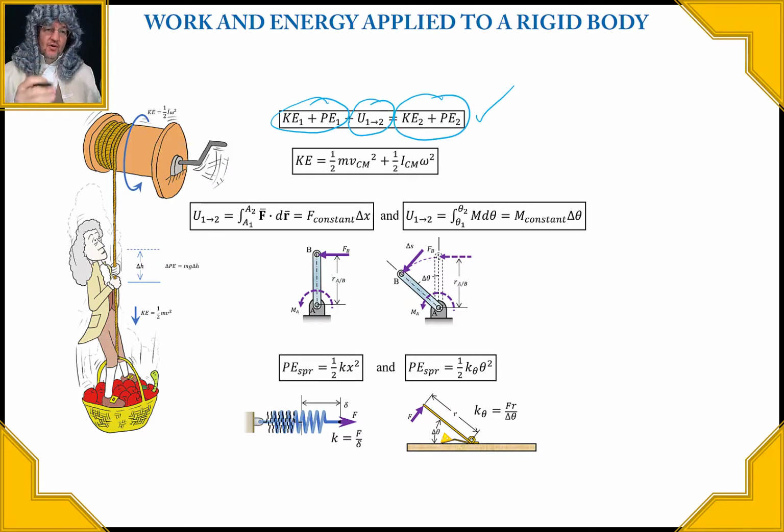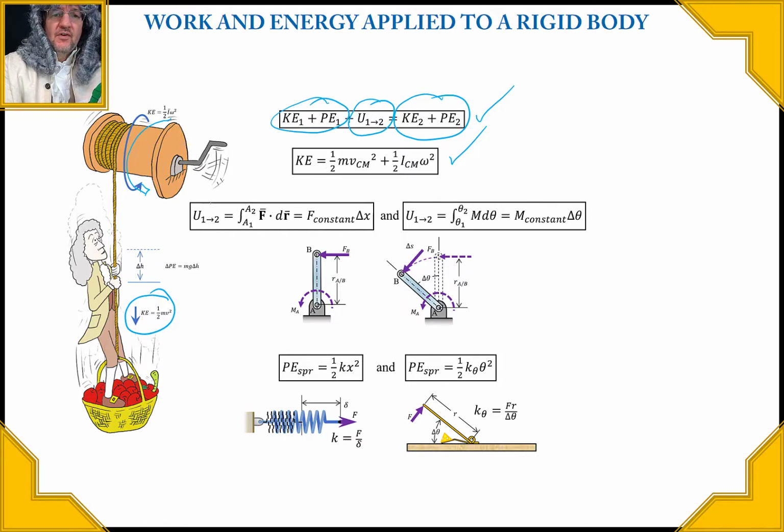Now the kinetic energy is the total amount of kinetic energy taking place. That could be the mass times the velocity of the basket of apples, but also the kinetic energy of the drum, because the drum in this case is large enough that it's going to affect the outcome. So this is the rotational kinetic energy.